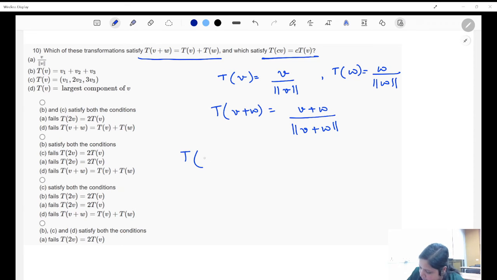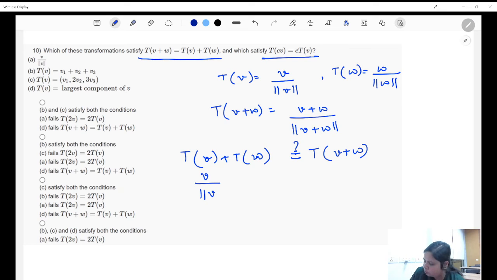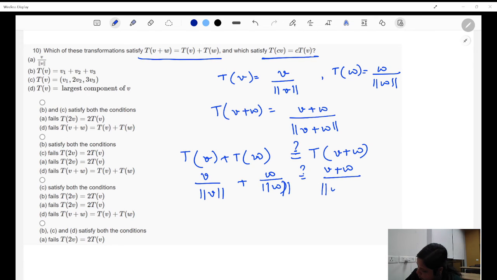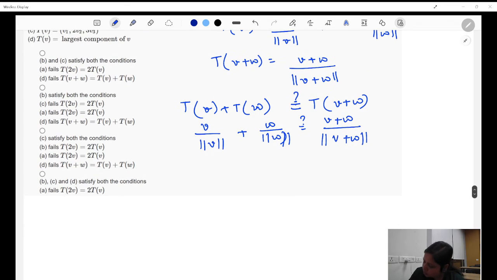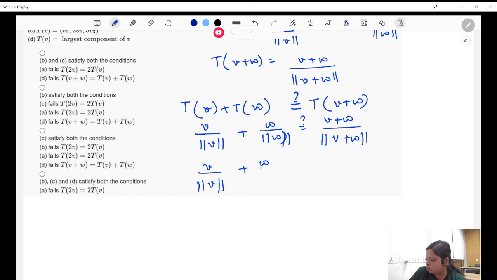We want to check if T(V) plus T(W) equals T(V plus W). So you'll write V upon mod of V plus W upon mod of W, is it equal to V plus W upon mod of V plus W? Again, question mark.